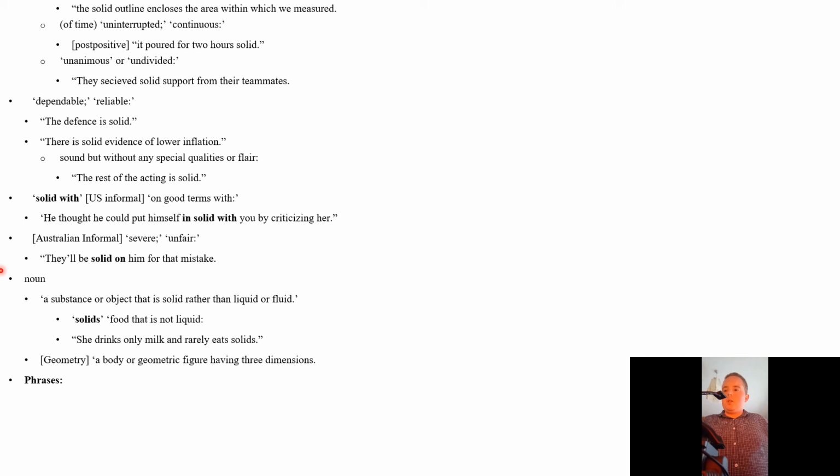Noun, a substance or object that is solid rather than liquid or fluid. And I think that's solid in chemistry. And the reason why we are learning Latin and Greek in this series of videos is so as to improve our knowledge of scientific vocabulary.